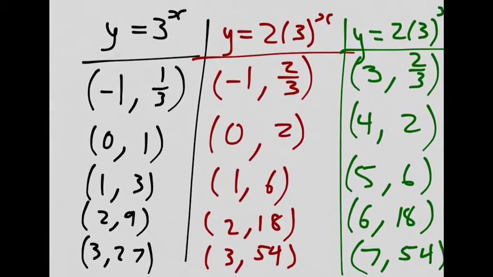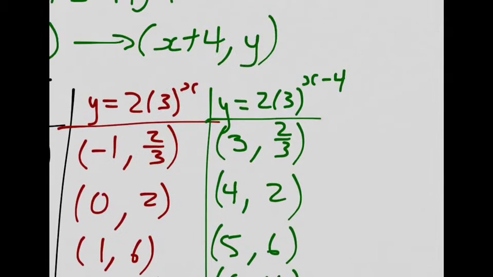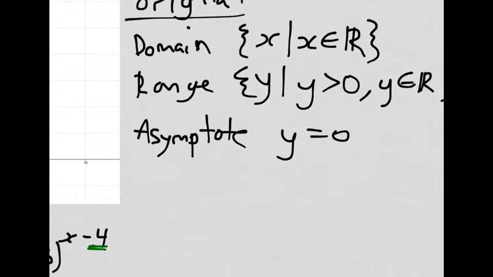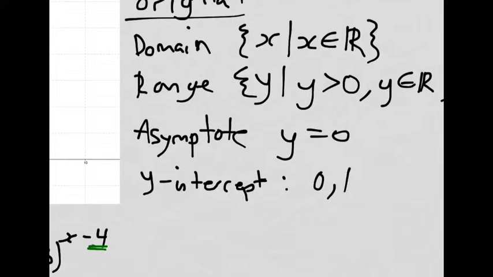What's the original y-intercept? 1, right? When x is 0, that'll tell you the y-intercept. So I have a y-intercept at 0, 1.